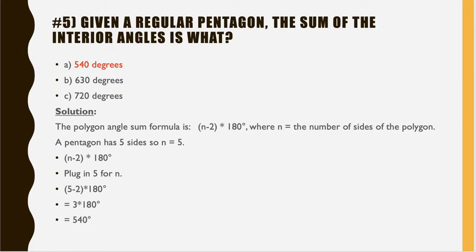So a pentagon has 5 sides, and therefore n in this example is going to equal 5. If we had a triangle, n would equal 3. If we had a rectangle, n would equal 4, and so on. So we simply plug 5 into our formula. We get 5 minus 2 times 180 degrees, and we know 5 minus 2 is 3. So we have 3 times 180 degrees, which is 540 degrees.